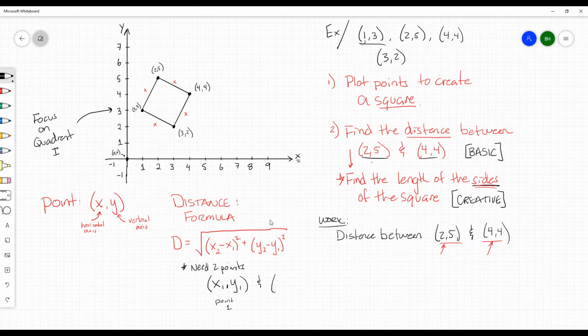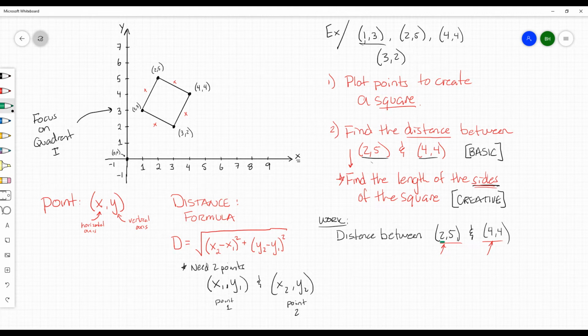And we need values from a second point, the second x value and the second y value. We use these subscripts to distinguish different x terms and different y terms based off of whatever type of problem we're working with, if we're given multiple points or multiple pieces of information that could be identified with this specific variable term. So for us, we have 2 points, which means we have 2 x values.